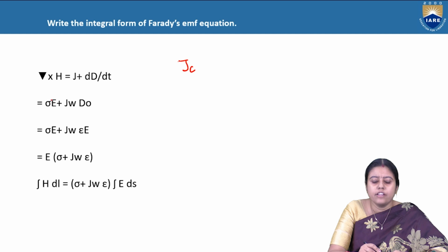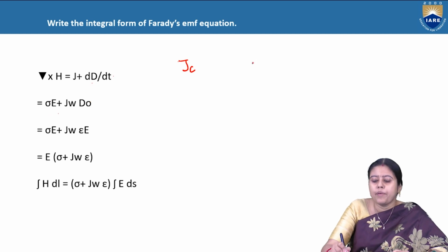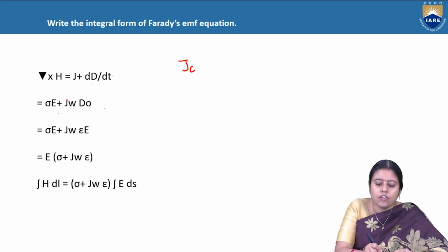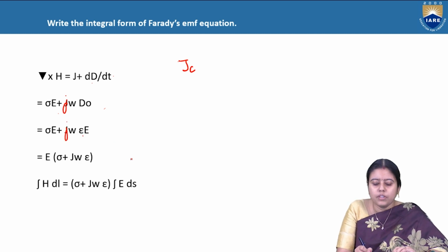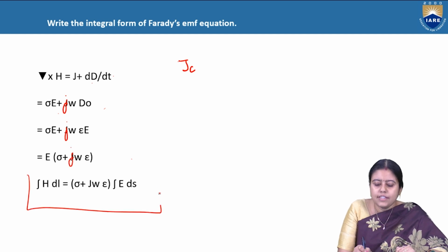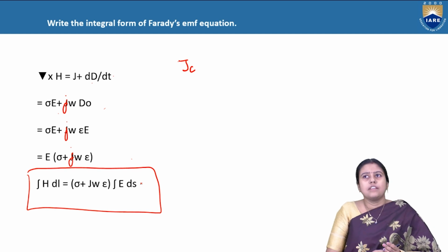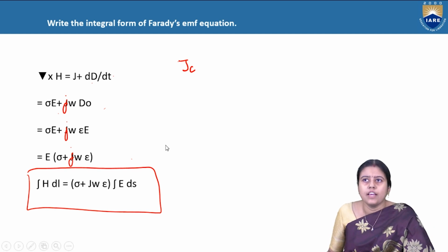J is the conduction current, sigma E. And since the flux is time varying, D will be time varying, and the maximum value will come as j omega D naught. D naught is equal to epsilon into E. So if we take E constant, J is sigma E plus j omega epsilon E. So integral of H dl is equal to the integral of (sigma plus j omega epsilon) E ds, which is the modified equation of the EMF.